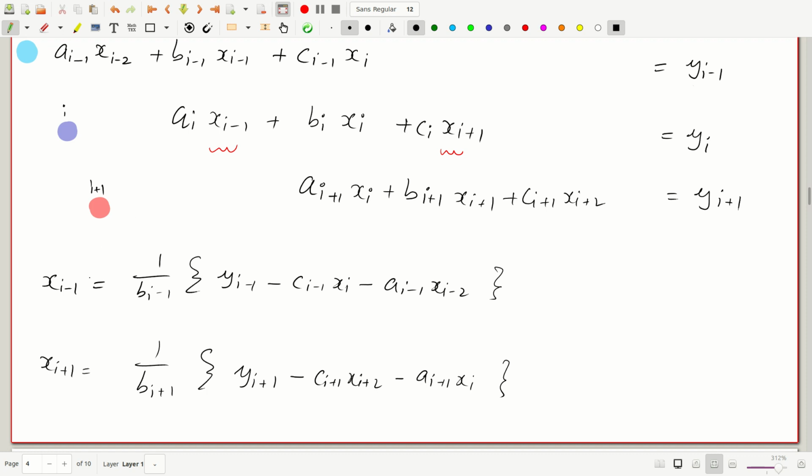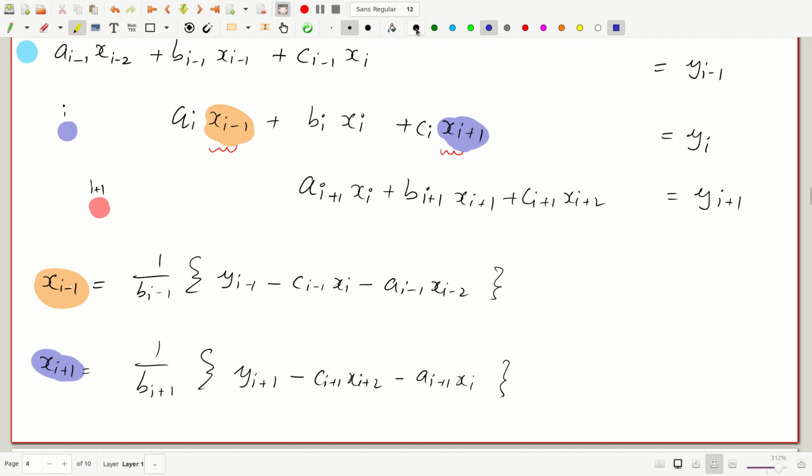Now let us substitute for x_{i-1} in this equation here, and let us substitute for x_{i+1} in the ith equation.